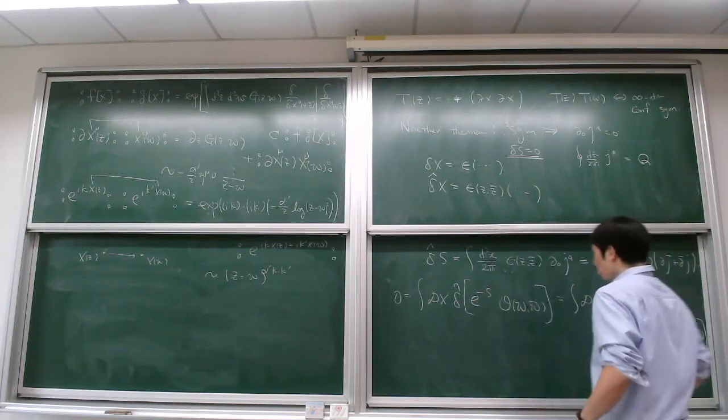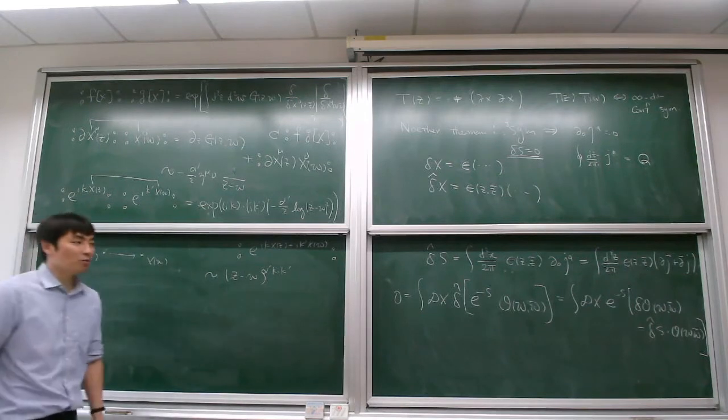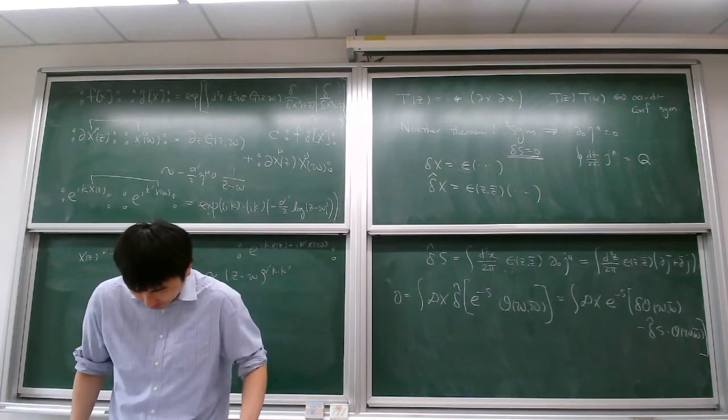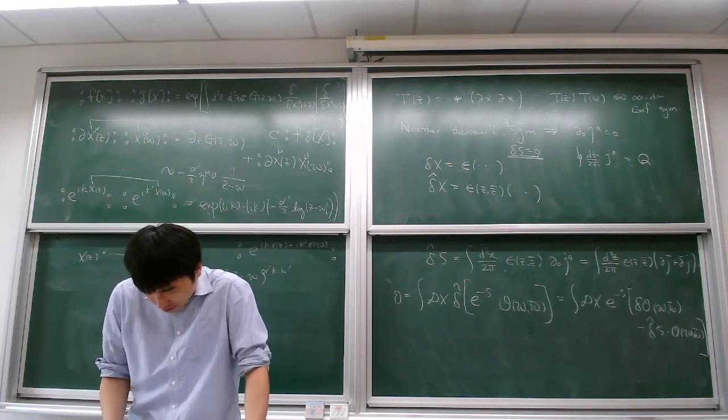This is a very simple operation one can take in the path integral. This is called the Ward-Takahashi identity.